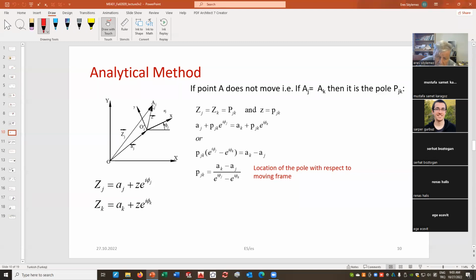Okay, I drop the x component and y component of z like this. Whereas the x and y components of capital Z, the location of that point A with respect to the fixed frame, can I draw a straight line? Okay.